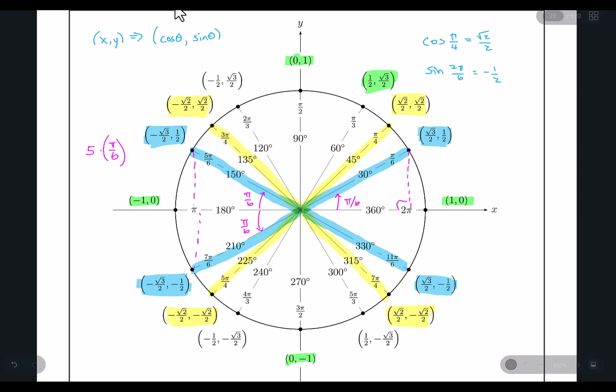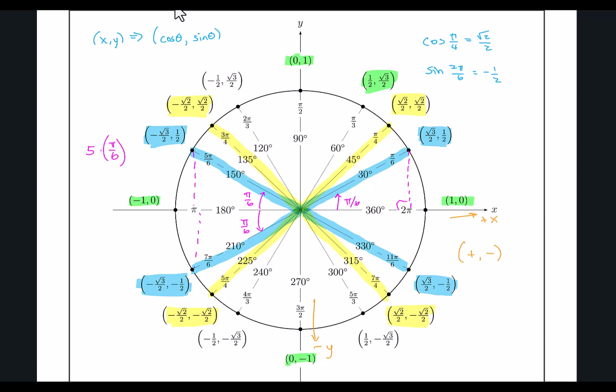Okay, but one thing you might notice here is all of the coordinates for the x in this quadrant are positive. All the coordinates for y are negative because this is the positive x direction and this is the negative y direction. Should have written that the other way around. So positive x, negative y.